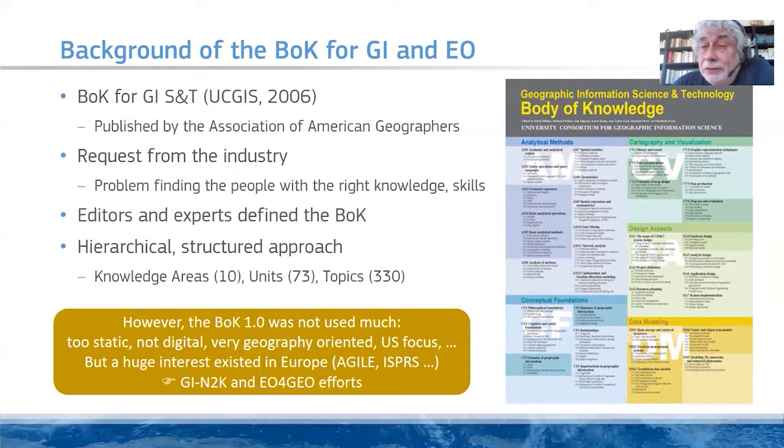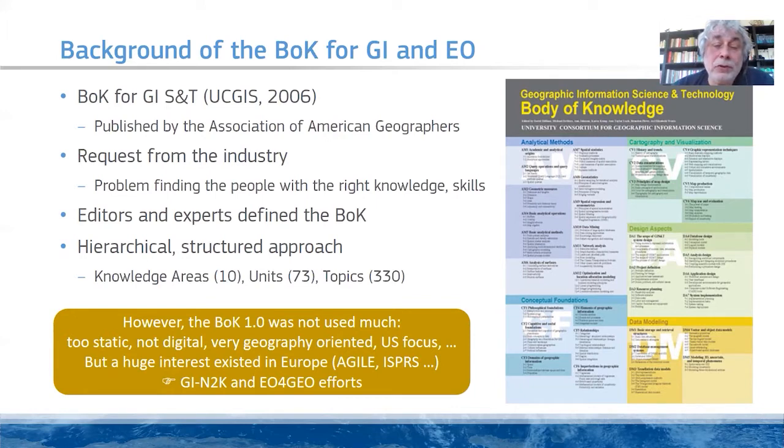But then in the years after, we knew also in Europe that this was existing. But we found that this first version of the BoK was not used so much for many reasons, amongst others because it was quite static as a book, not in digital format, not updated. It was quite geography oriented, with a lot of influence from the US, which is normal because it was developed in the US. And we knew that already almost 10 years ago, there was a huge interest in having something that is more dynamic, more focused on Europe.